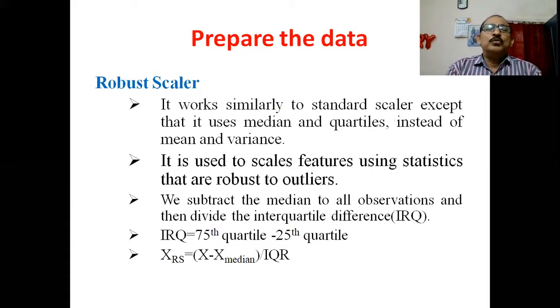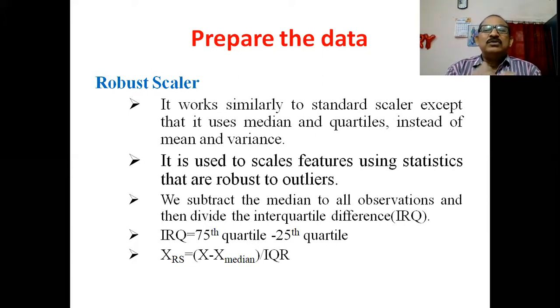Next topic is the robust scaler. If our data contain a significant number of outliers, it is recommended to change the values of a feature using the median and quartiles. The robust scaler scales features using statistics that are robust to outliers.